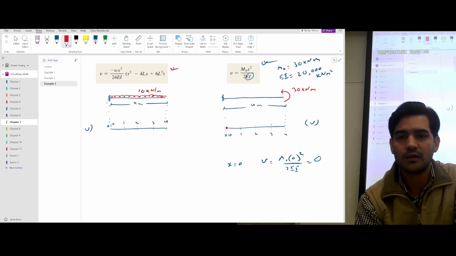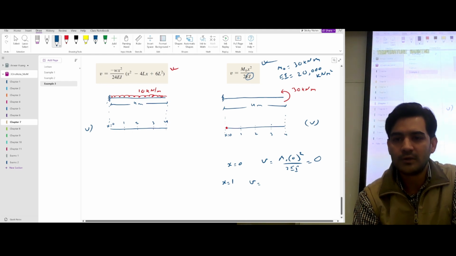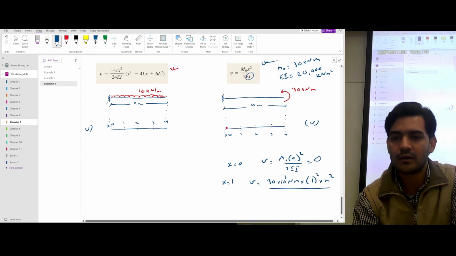That's our 0 value. So if we put x is equal to 1, then our moment is 30 kilonewton meter, multiplied by x is 1, so this is going to be meter square, over 2 times EI. EI is 20,000 kilonewton, so 10 raised to the power 3 Newton meter square.